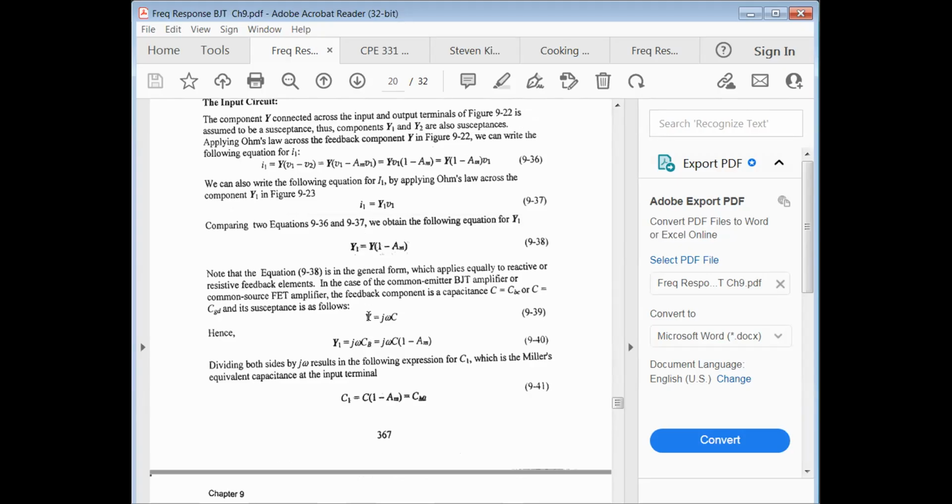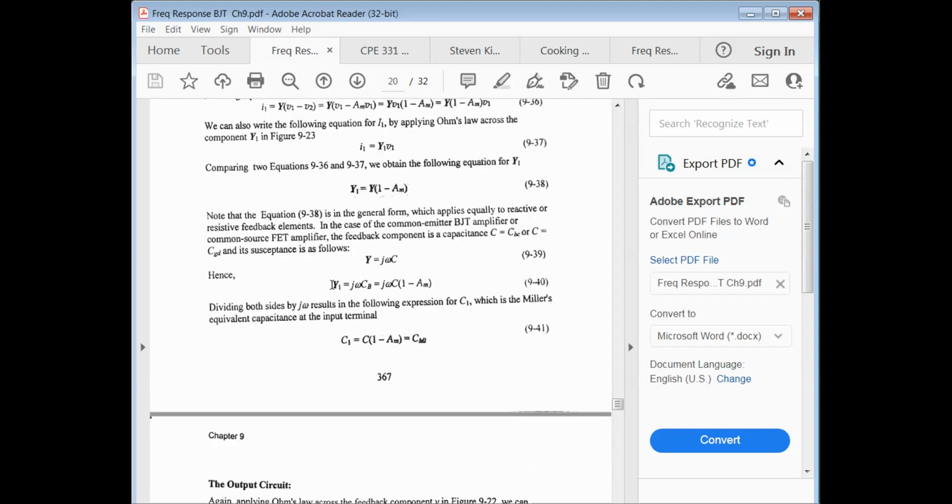If you replace this admittance Y with the admittance due to a capacitor, which in our case it actually is, then this is what the admittance of the capacitor is, j omega C. But if we replace that one capacitor with an admittance on the input and output, the input admittance will be given by j omega C sub 1, which should also equal j omega times C times 1 minus A sub M, the mid-band gain that we calculated before.